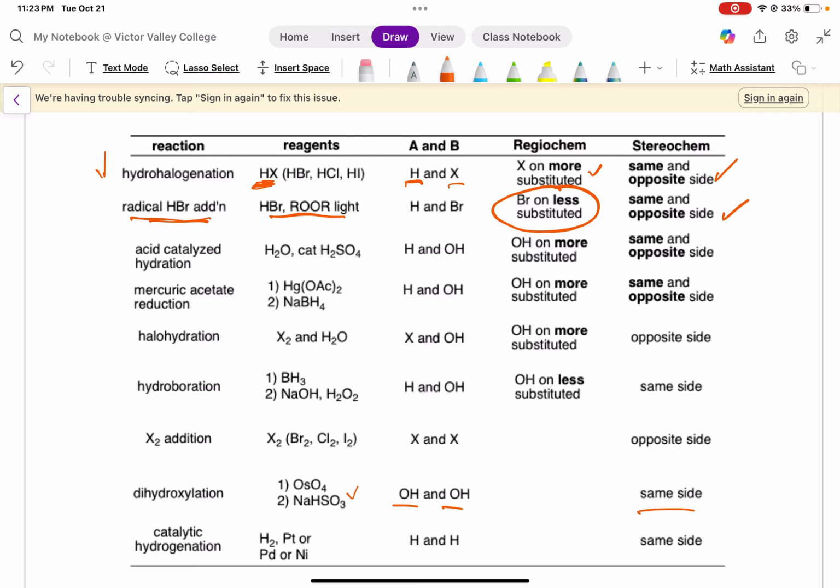If you do water, that's H and OH, and that's Markovnikov, OH going to the more substituted carbon, same and opposite side. You do mercury acetate, same thing. It's just minimizing the rearrangements. Also Markovnikov, same and opposite side.